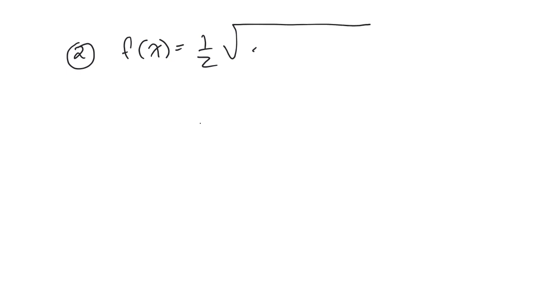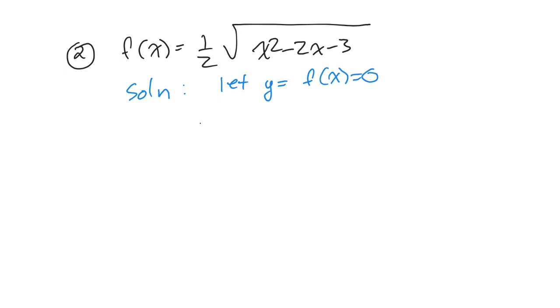So now suppose I have this equation and we want to find the x and y intercepts. F of x is equal to 1/2 of the square root of x squared minus 2x minus 3. The solution to find the x-intercept is to say, let y equal f of x equaling 0. So then we've got the following. 0 is equal to 1/2 times the square root of x squared minus 2x minus 3.